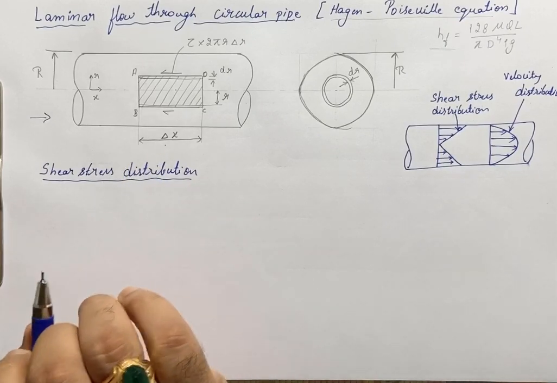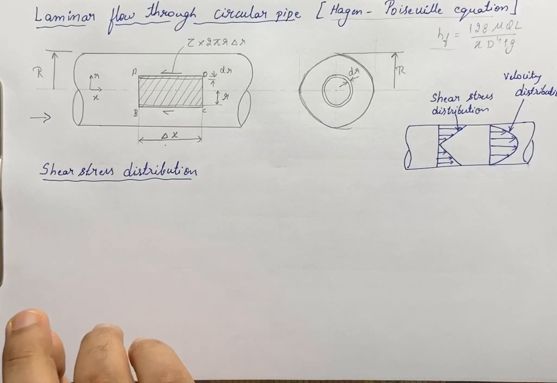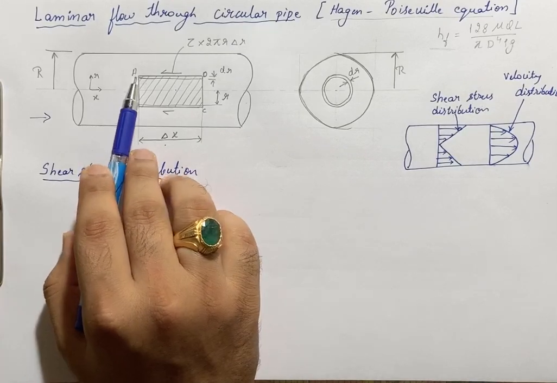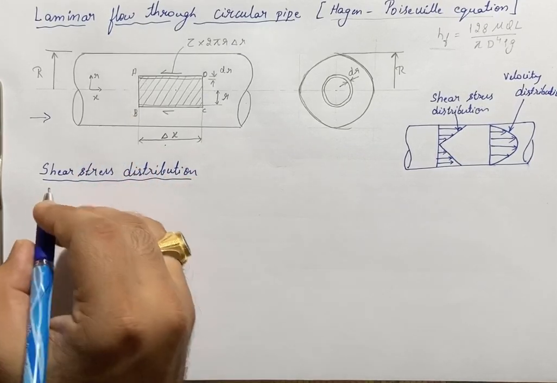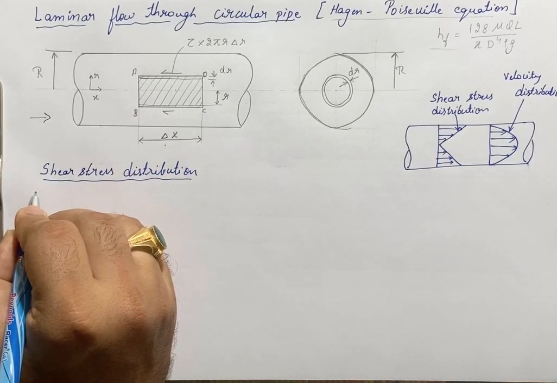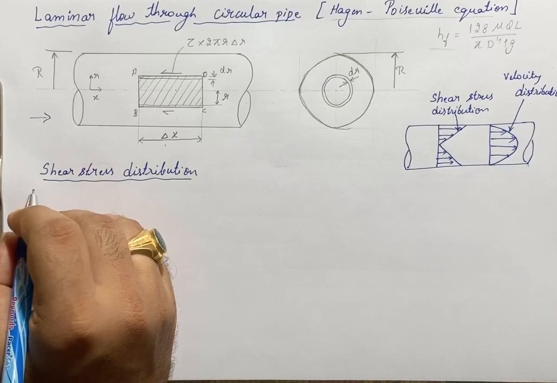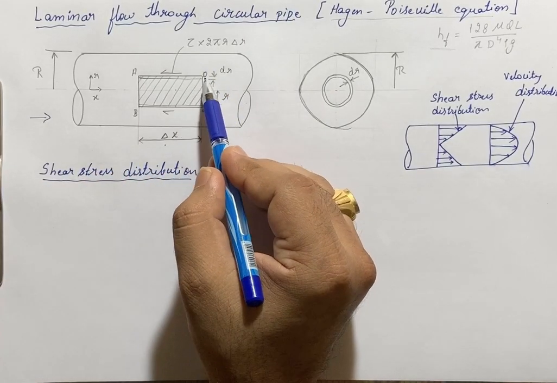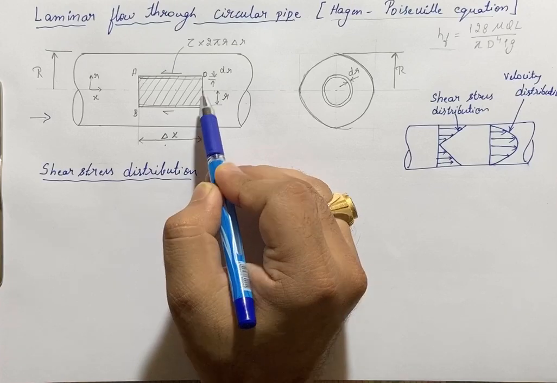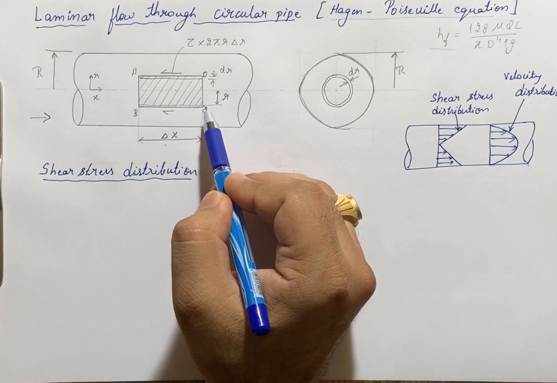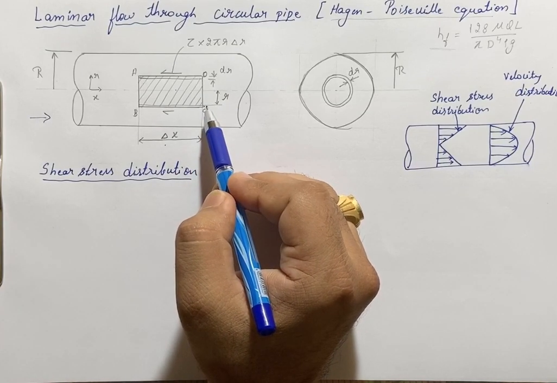Now if P is the pressure intensity on face AB, then the intensity of pressure on face CD will be P plus dou P by dou x into dx.